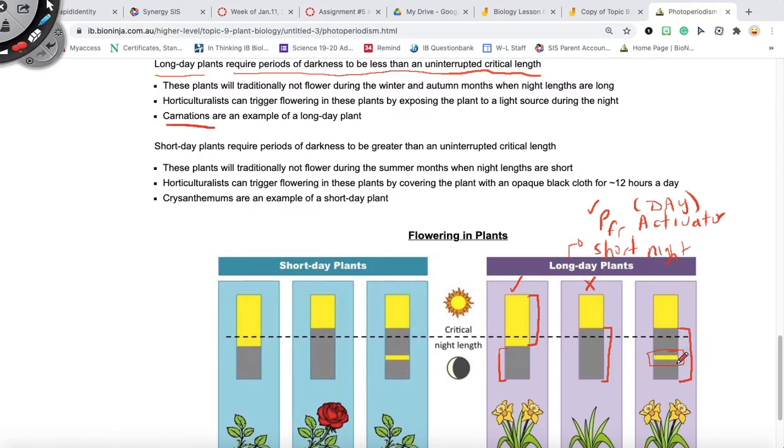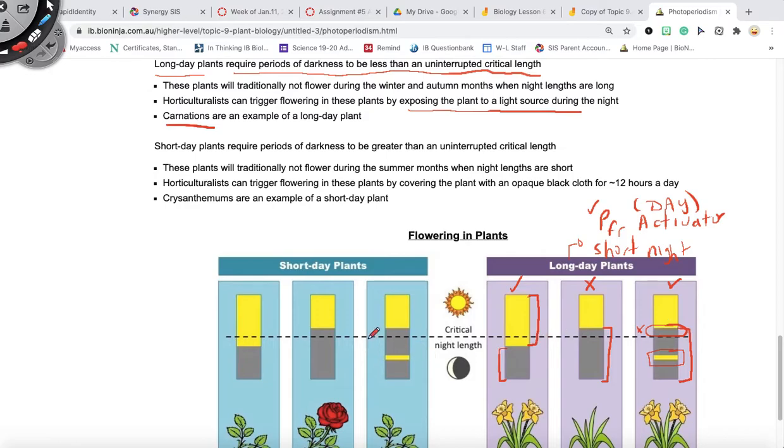And you interrupt the critical night length by exposing the plant to a light source, like shining a flashlight or putting them under the light at a certain time during the night. So then that means that this critical night length here is not going to be achieved because now you broke that continuous darkness. And if that happens, the plant is going to be able to bloom, right? Because the critical night length was not achieved. You ended up with more light and the plant bloomed.